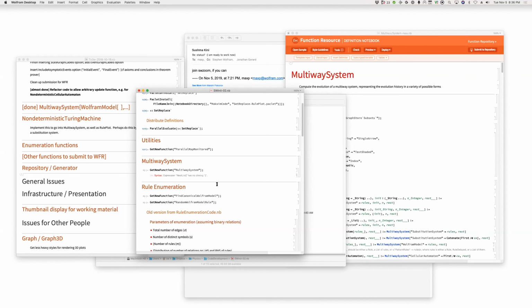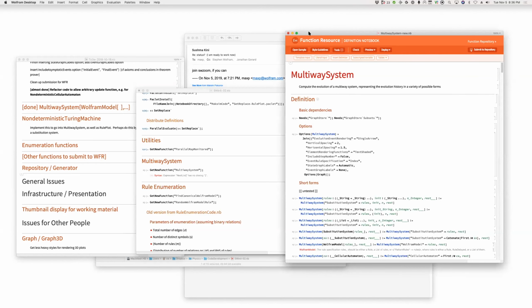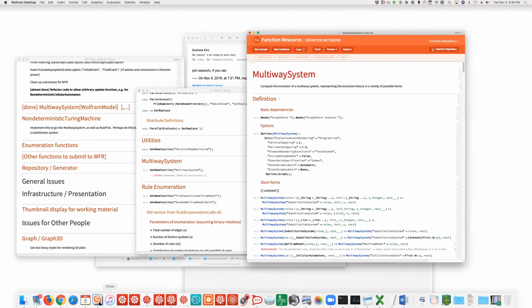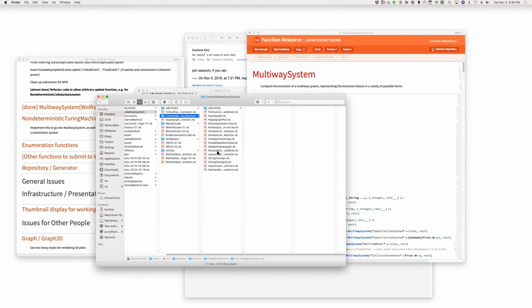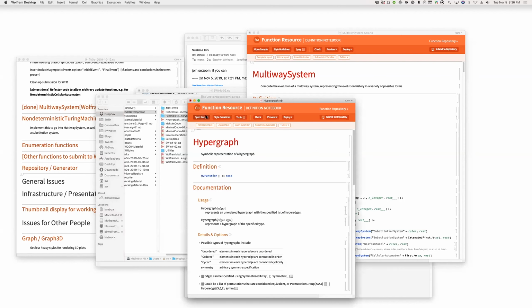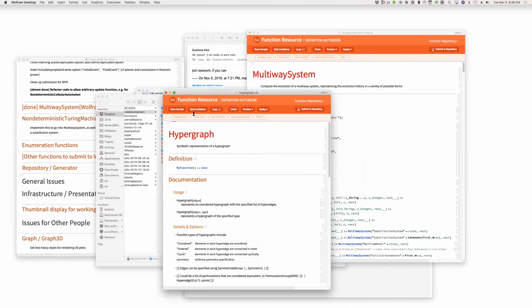Some of the up values, things like vertex list of the hypergraph wrapper, we'll probably just have a bunch of definitions like this.